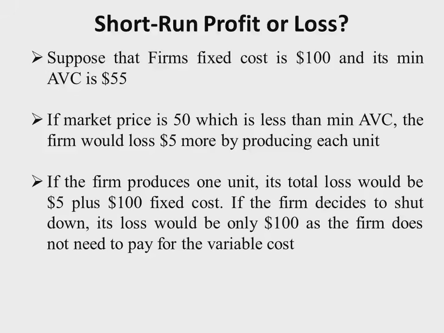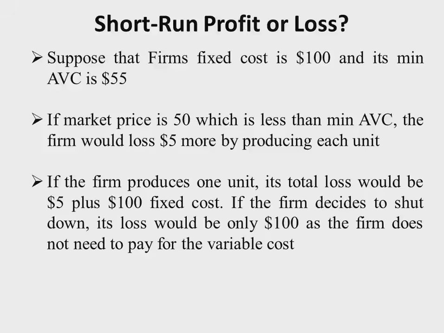And if the firm produces 1 unit, its total losses will be 5 plus the $100 fixed cost, which brings the total loss to 105. And if the firm shuts down, it means the only fixed cost it will incur will be the $100, meaning it will be able to save the $5.